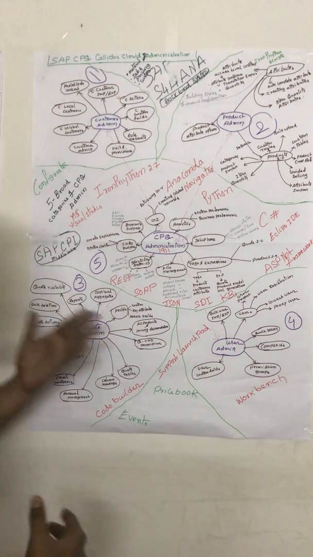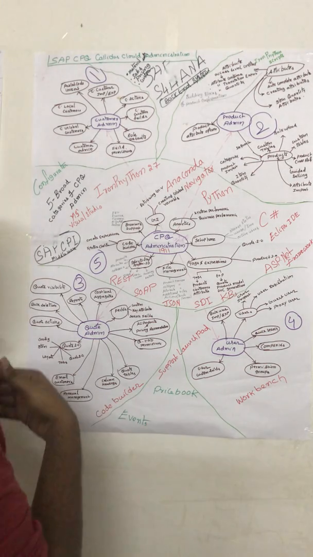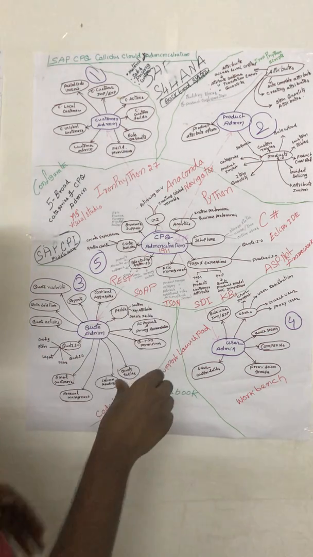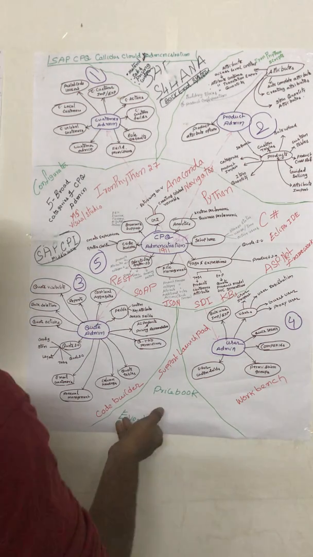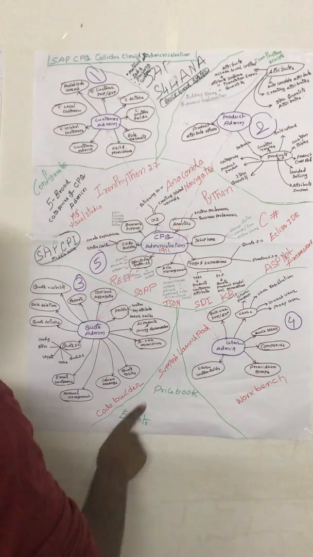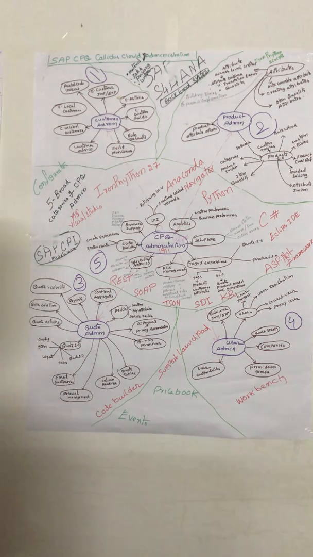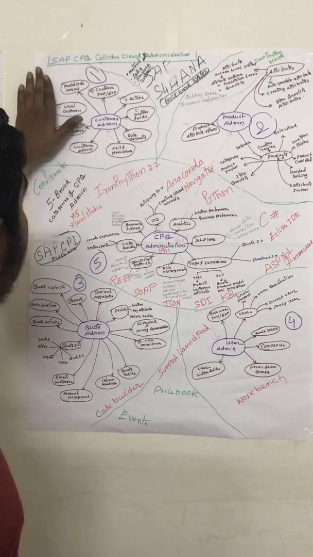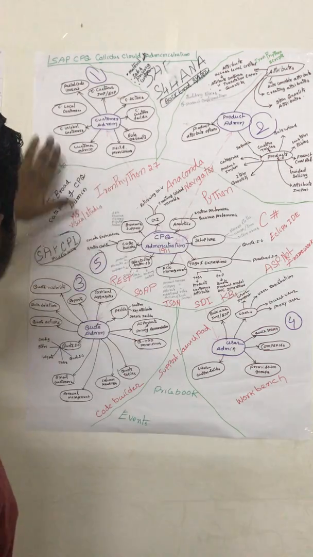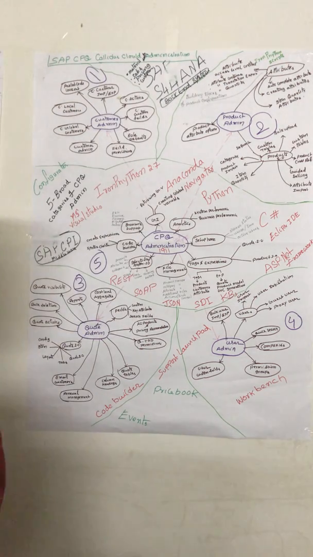And a code builder is where for the particular field you build the code as per the requirement. So for some fields there will be a code builder to build it as per the requirements. And this is the complete architecture of SAP CPQ Callidus Cloud administration.